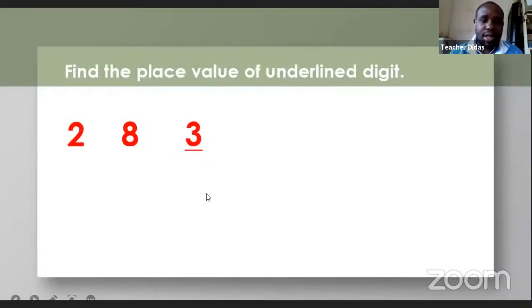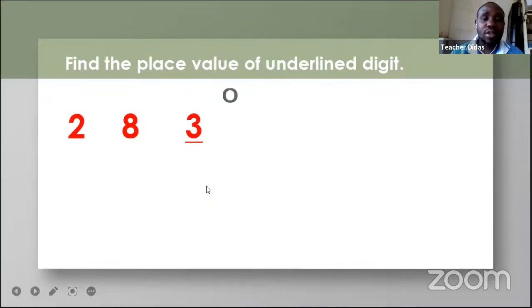Mute yourself, Kayla. Okay. So the underlined digit is the 3, and you can go on. It's not bad. You give them all their place values.